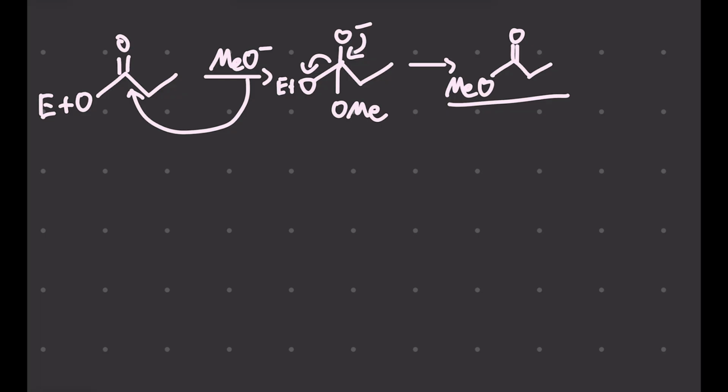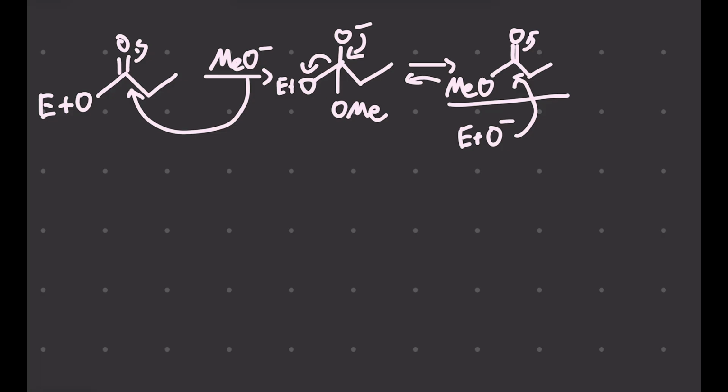Under these conditions, though, the Claisen condensation can still occur because this is a reversible reaction. Because we kicked out the ethoxide, this ethoxide can come back in and kick out the methoxide instead, giving us back our starting material.